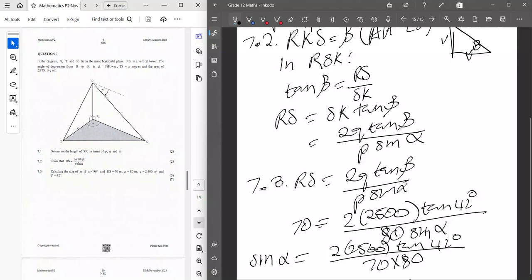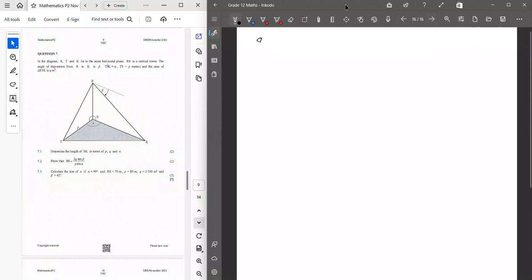So we're just going to simply give the answer. You're going to say shift sine and put this in your calculator: 5,000 times tan 42 degrees over 70 times 80. What do we get? We got 53.51. Or if you don't want to make mistakes, sine alpha is equal to 0.8039321824.